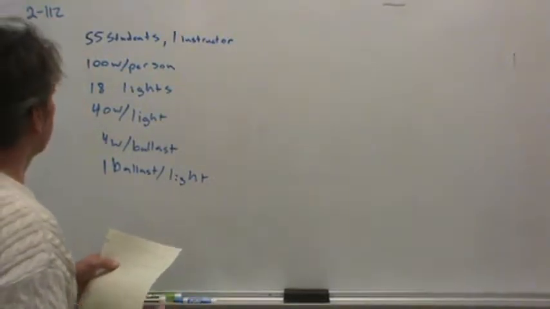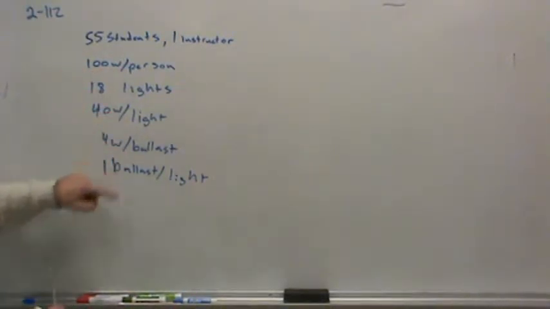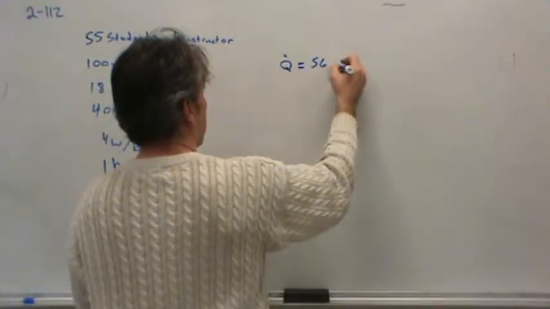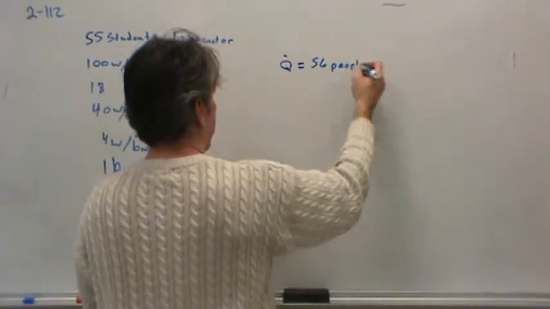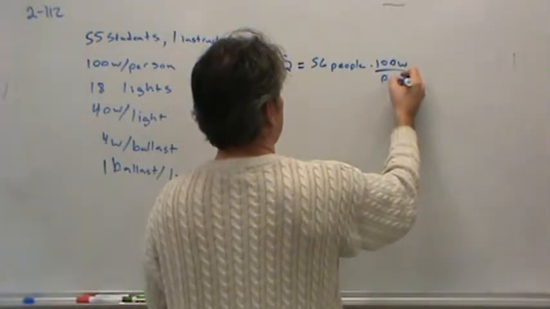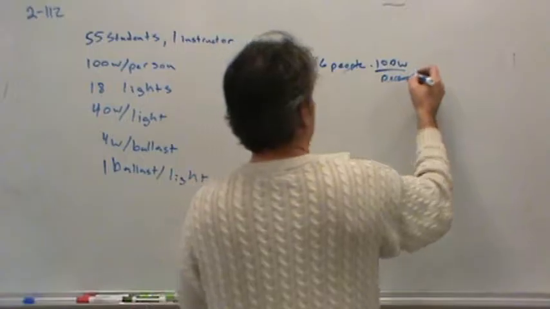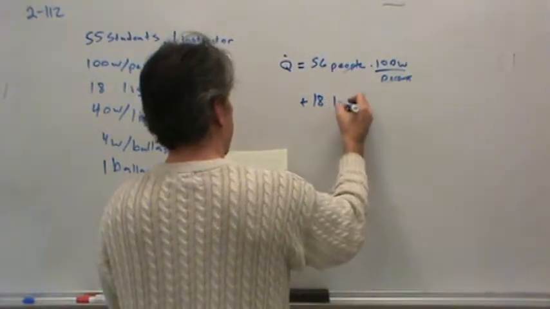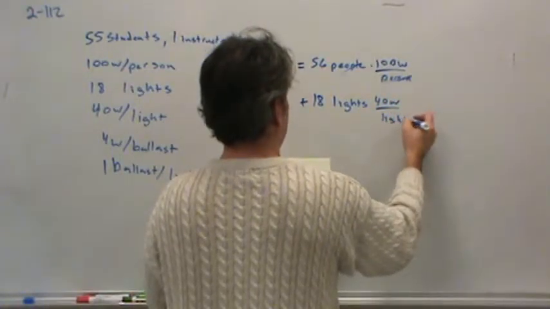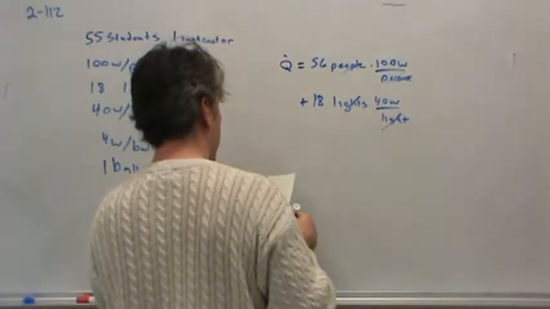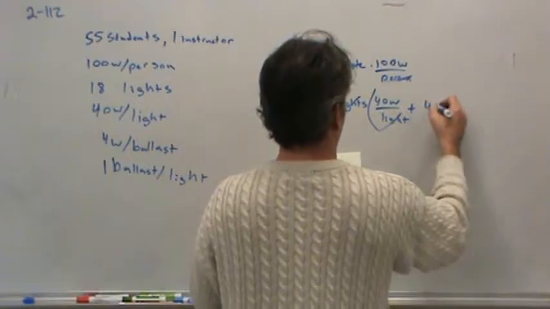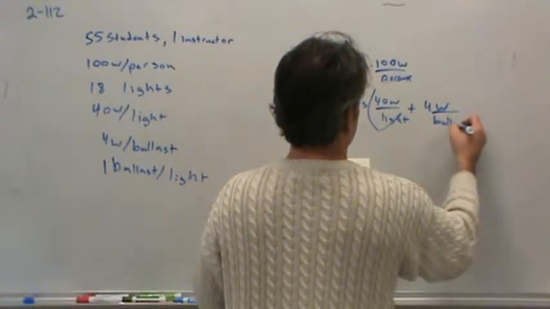Well, what's the heating load? Well, each person gives off 100 watts and so on, so all we have to do is count it all up. 56 people, 100 watts per person, plus 18 lights, 40 watts per light, plus 4 watts per ballast.